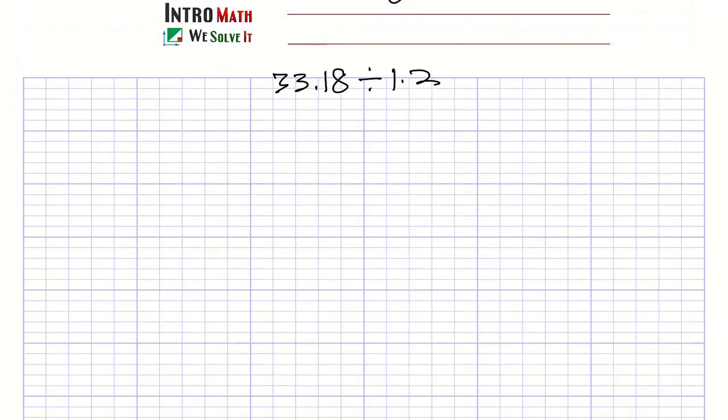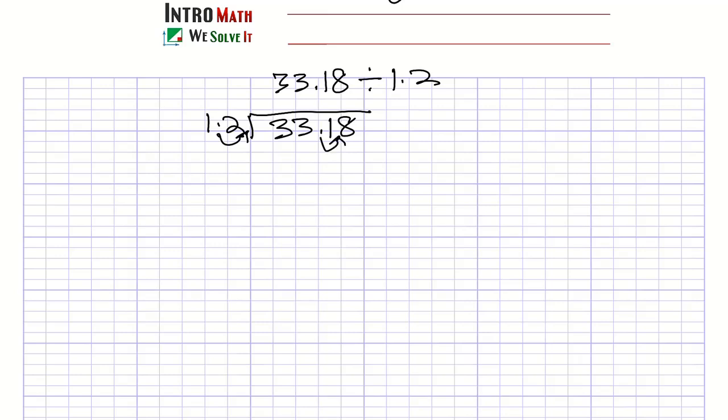Okay, the next problem is that there. We'll proceed as usual. We'll write 1.2 here, and we'll do the division symbol. We'll put 33.18 here. Okay, now we'll move the decimal point. We'll move it over here one space, and then we'll move this one over here.